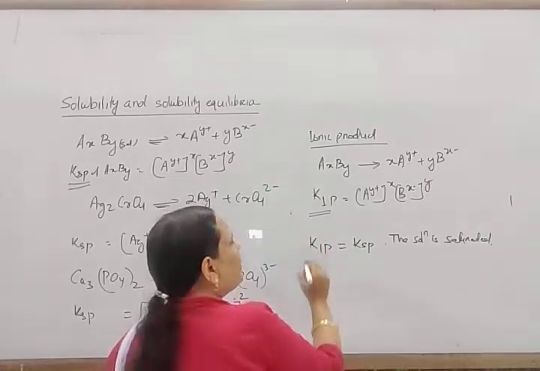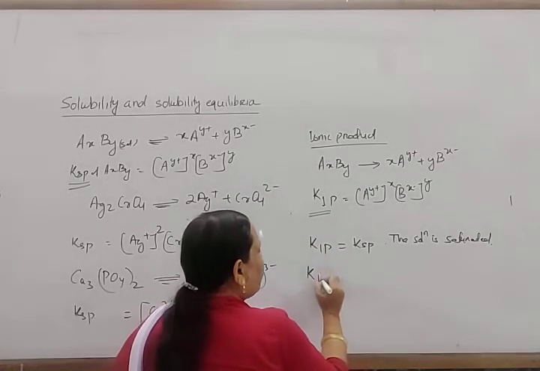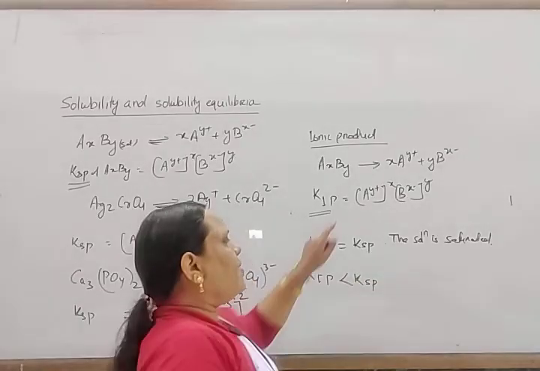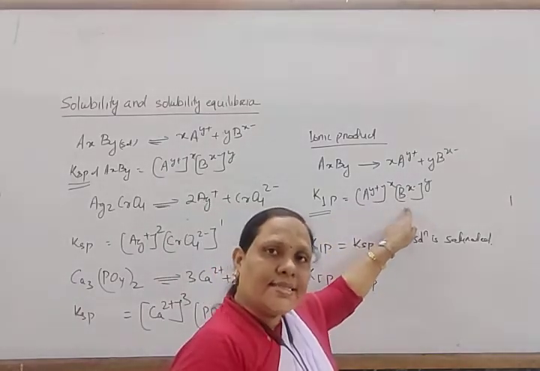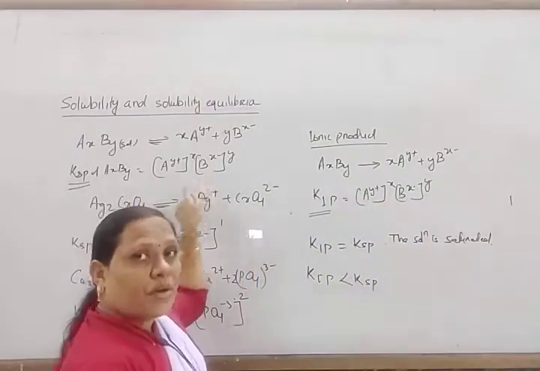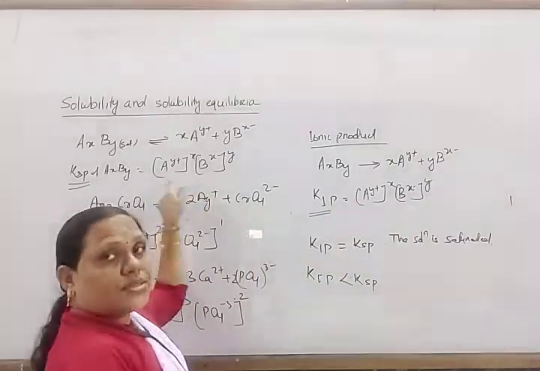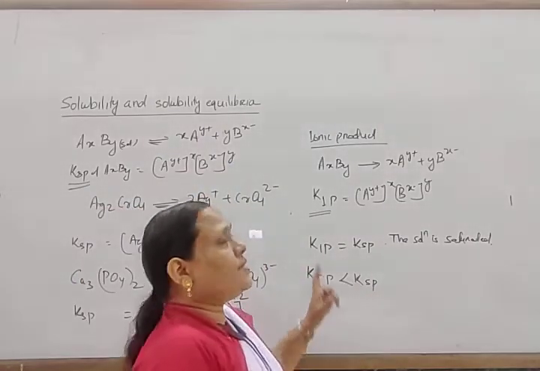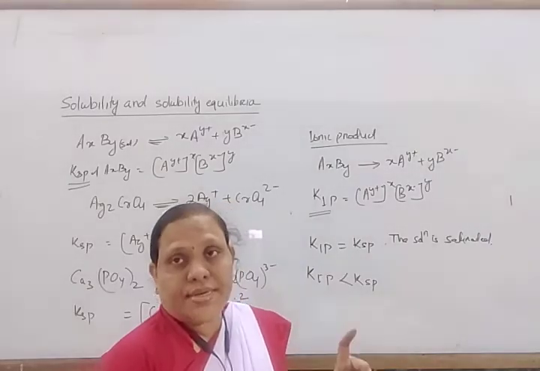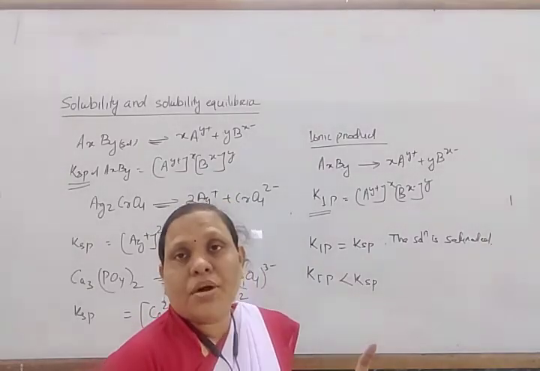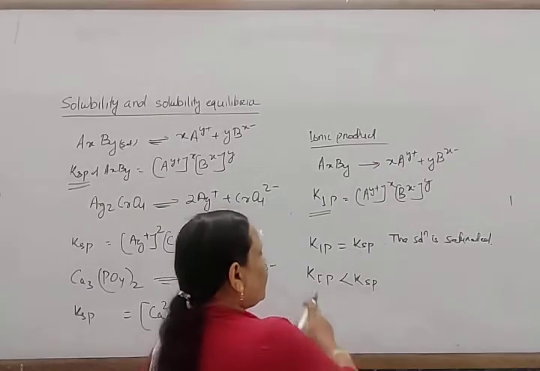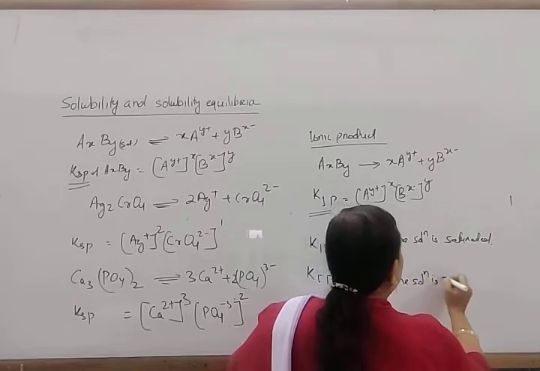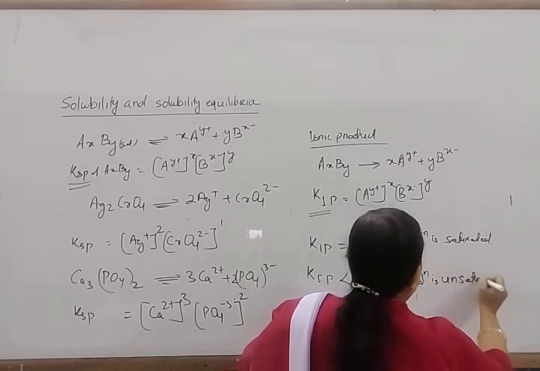Similarly, when KIP is less than KSP, that means these concentrations are less than that of the saturated solution. That means the solution is unsaturated and it can dissolve more of the solute.